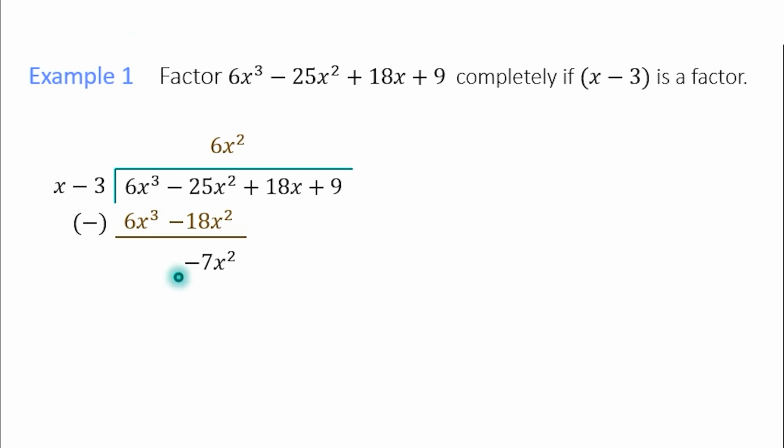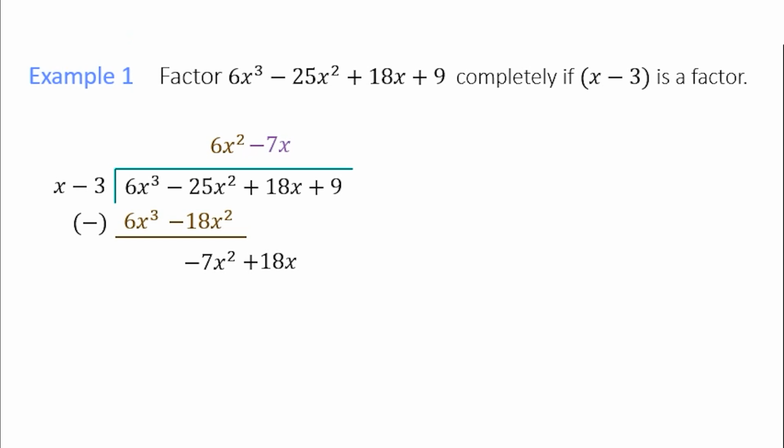This is how I get -7x squared. The next step is to copy my next term here and then do the division with these two terms. So -7x squared divided by, and now I'm only looking at my variable, the highest degree term, which is x. So I will get -7x.